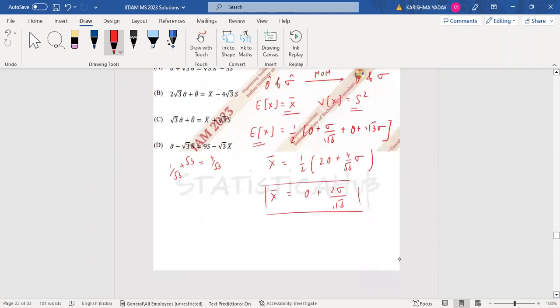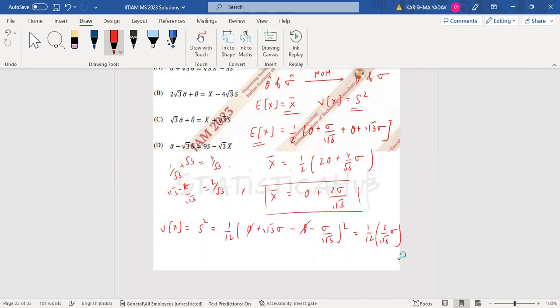Now this is the first thing that I got, that is x bar. Now let's find s square too. We have variance of x equal to s square, and the variance of the uniform distribution is 1 by 12 (b minus a) whole square. That is 1 by 12 (theta plus root 3 sigma minus theta minus sigma by root 3) whole square. Theta cancels out, and root 3 minus 1 by root 3 is 2 by root 3, so 2 by root 3 sigma, taking sigma common.